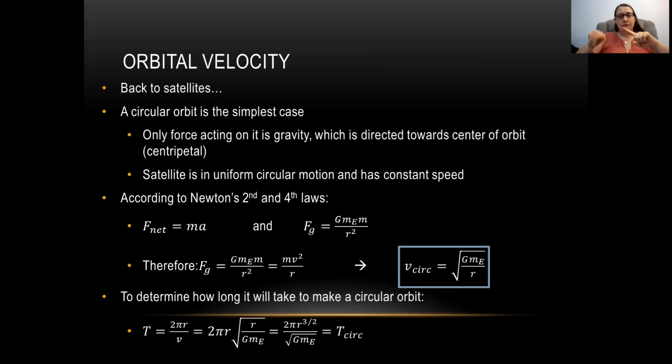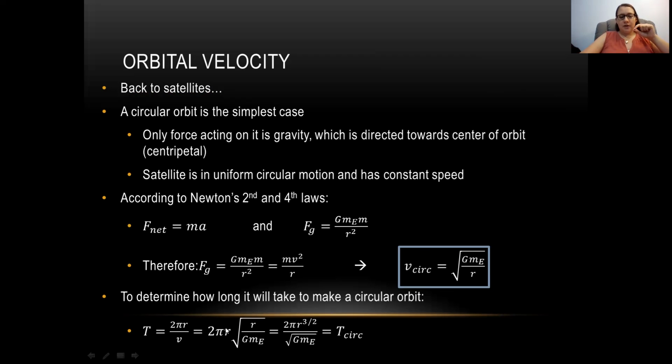R is the radius from the center of the Earth to the orbit. So our velocity we know is the square root of GMe over r. Since that's in the denominator here, we flip the fraction to get the square root of r over GMe.